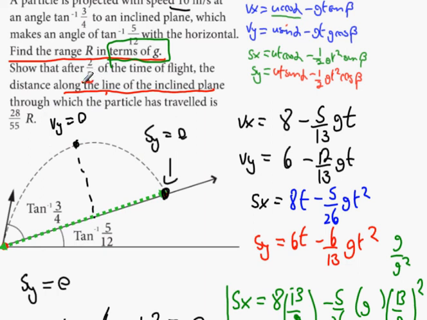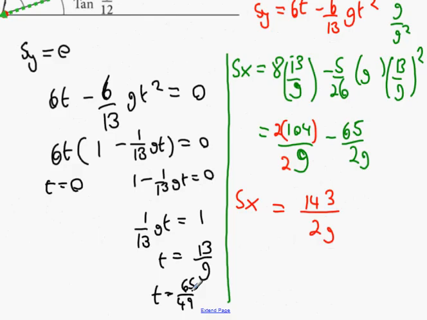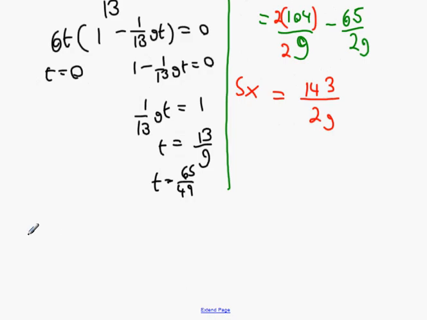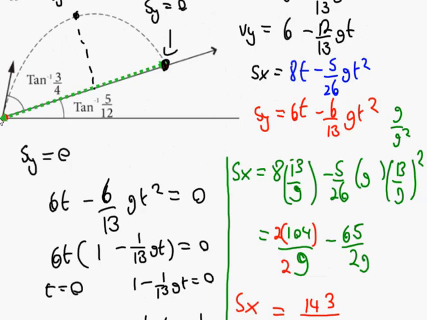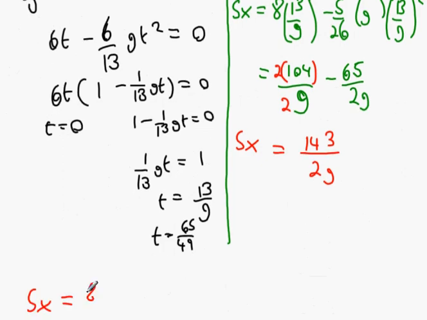So we work our sx formula. Anybody remember what the sx formula is? It's going to be at minus 5 over 26 gt squared.